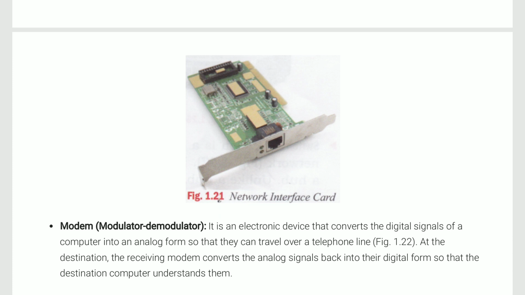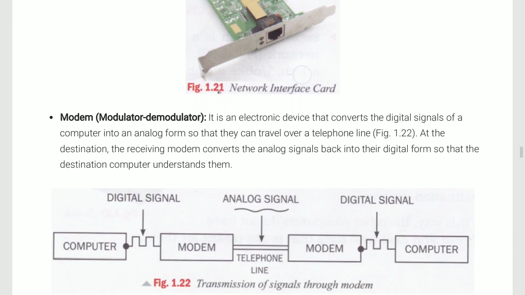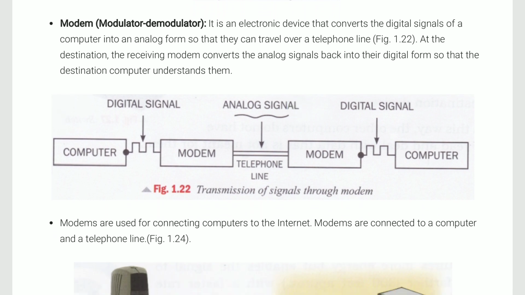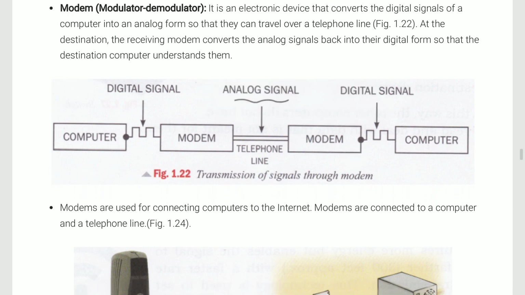Now, the next type of network device is the modem. Modem stands for modulator, demodulator. As you can see in this figure, the transmission of signal through a modem. It is the diagram of how the signals transmit from one computer to another through a modem.